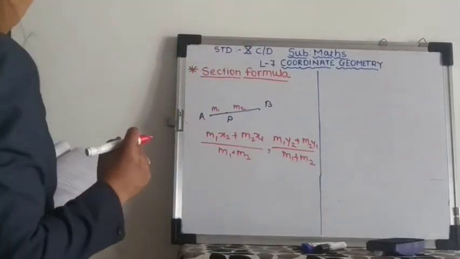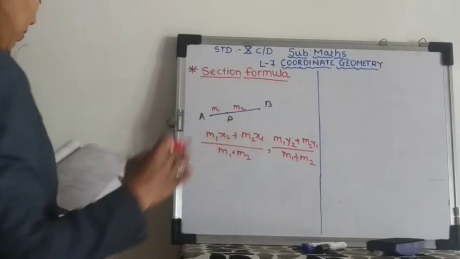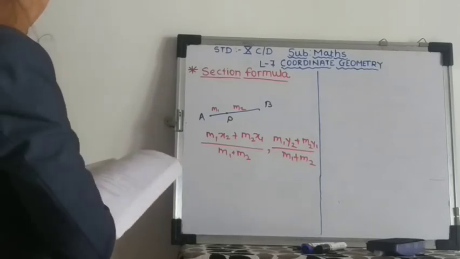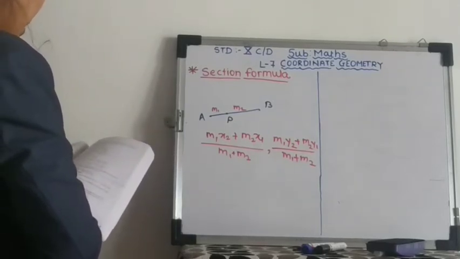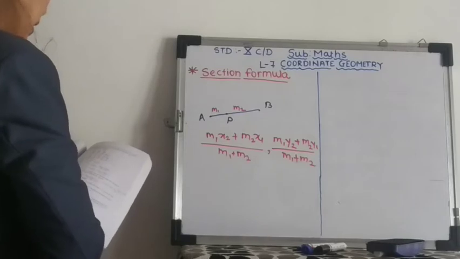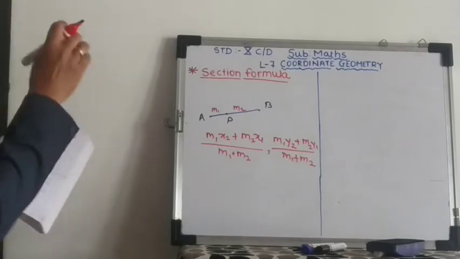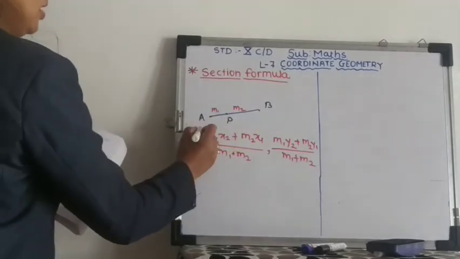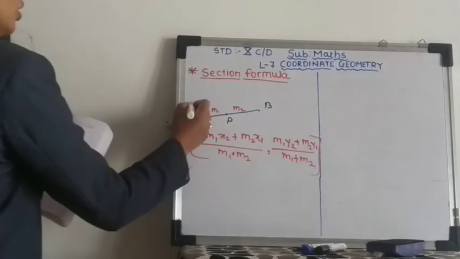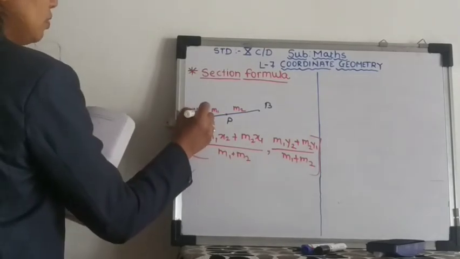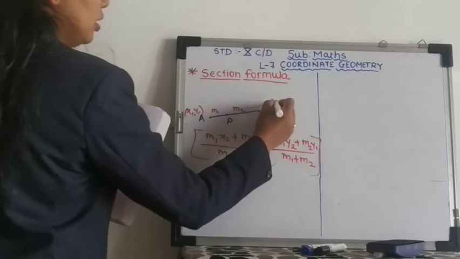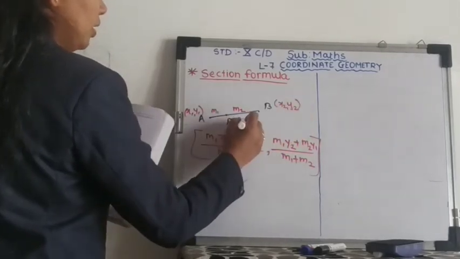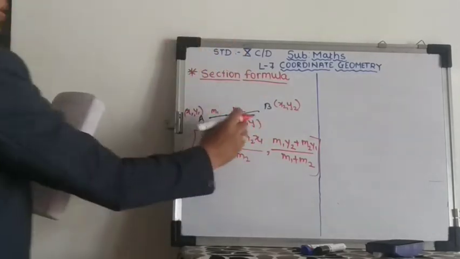Got it? The coordinates of A and B are x1 y1 and x2 y2, and P divides the segment internally, right? At that time we use this section formula. The point A is x1 y1, the point B is x2 y2, and for P we have simply x and y.